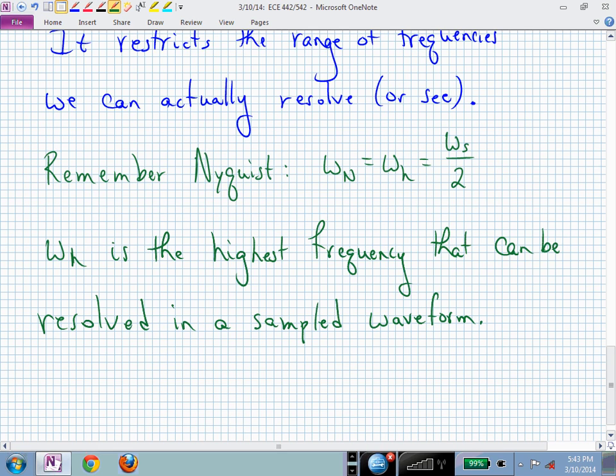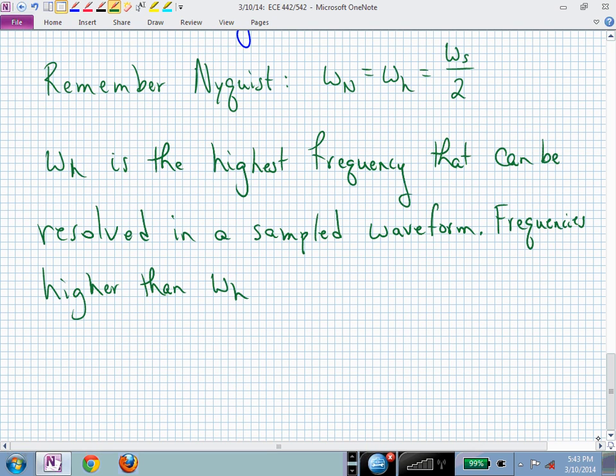And I'll say that maybe again in different ways. Frequencies higher than that Nyquist frequency, or this omega sub h, which is omega sub s over 2, frequencies higher than omega sub h appear to be between dc and omega sub h.